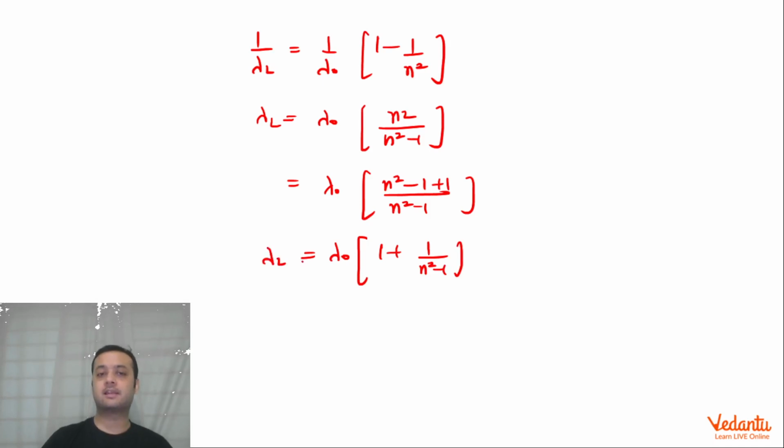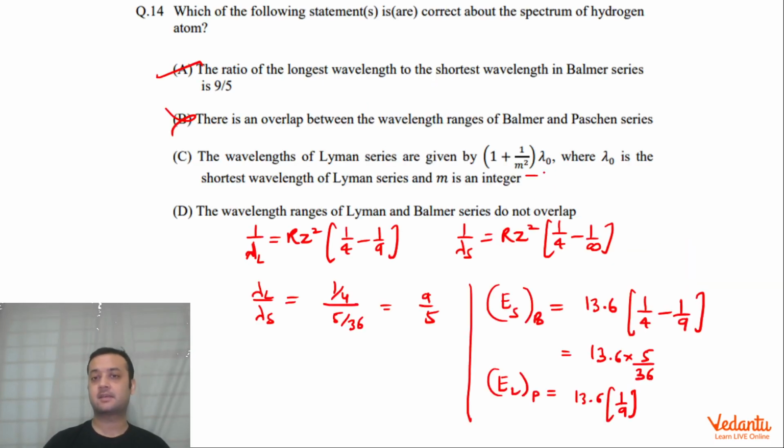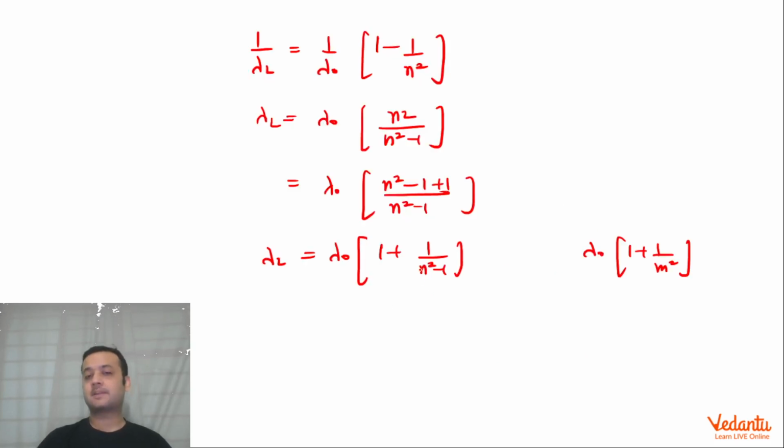So this is lambda L. Now अब जैसे यहाँ पे n की वैल्यू अपन 2 रखते हैं तो ये 3 हो जाएगा. हमें किससे कंपेयर करना है, lambda naught into 1 + 1/m square, राइट. इससे कंपेयर करना है m स्क्वायर से. तो अगर हम यहाँ पे n की वैल्यू 2 रखें, तो कितना हो जाएगा 3. m इंटीजर है, सॉरी अगर m स्क्वायर की वैल्यू 3 हो रही है तो m √3 बन जाएगा. सो m इंटीजर नहीं रहेगा.